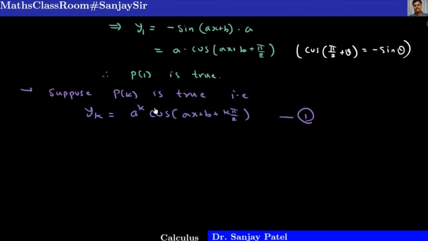And you know, if you differentiate yk, you will get the next order derivative, that is k plus 1th order derivative. So let us differentiate this with respect to x. So for Pk plus 1, we differentiate result number 1 with respect to x on both the sides.